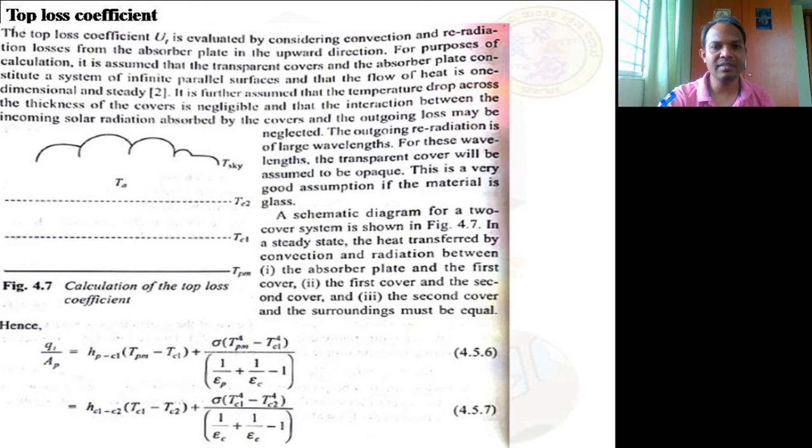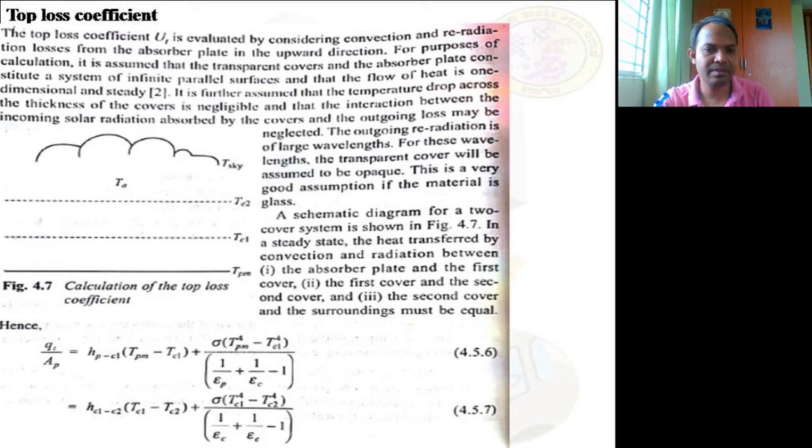T sky is nothing but the sky temperature, whereas TA is the atmospheric temperature above this solar collector. T sky is something like a space temperature above a certain height. Is it clear? Don't get confused. The second cover and the surroundings must be equal.